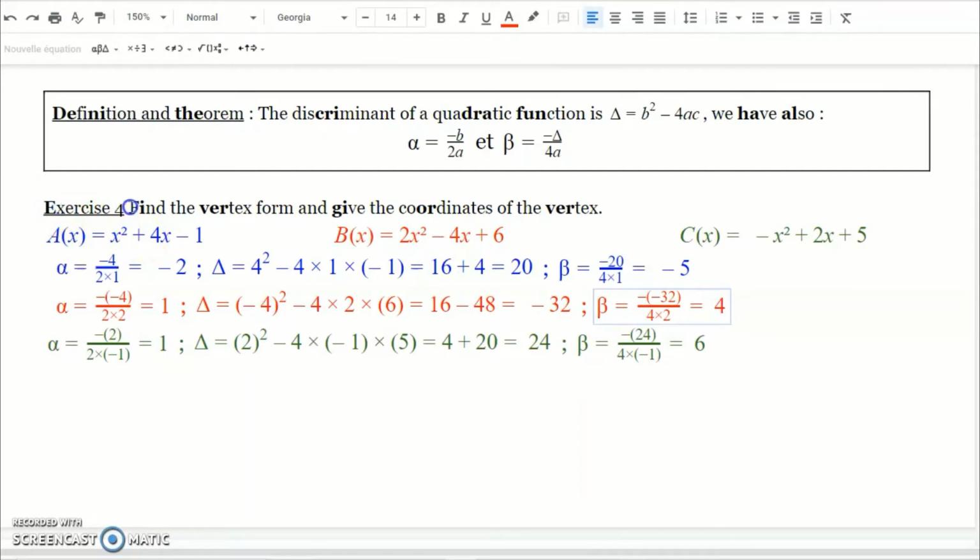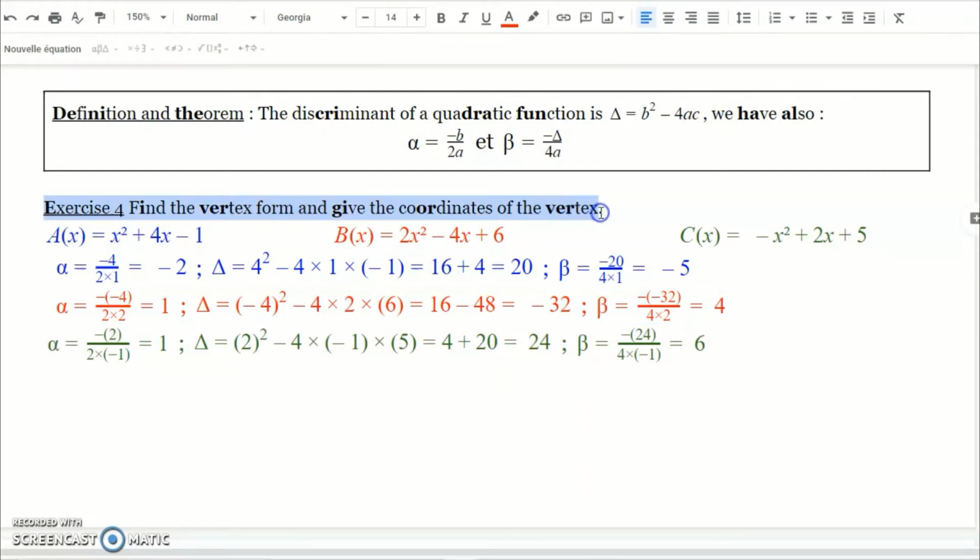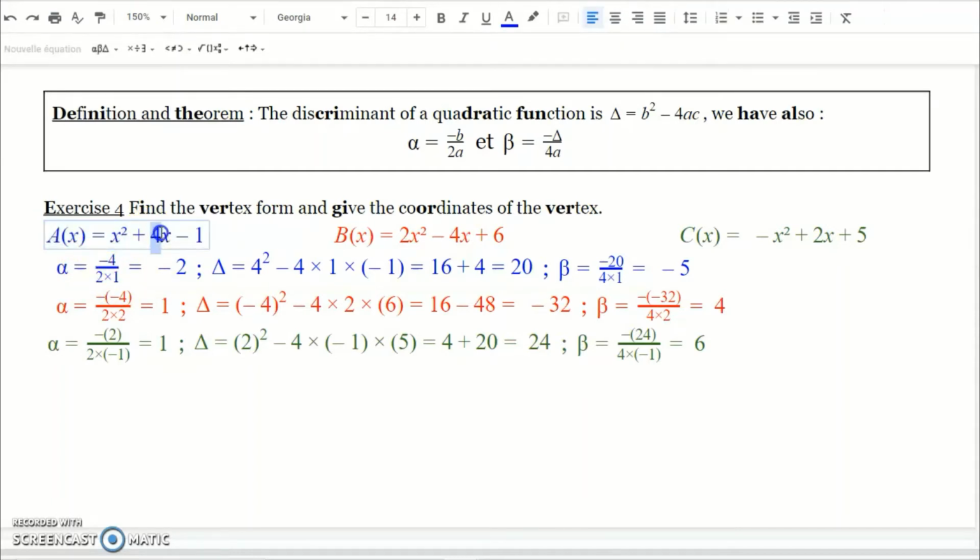So exercise 4: find the vertex form and give the coordinates of the vertex. For a(x), alpha is equal to minus b, minus 4, over 2 times 1. a is equal to 1. So we get alpha is equal to negative 2.